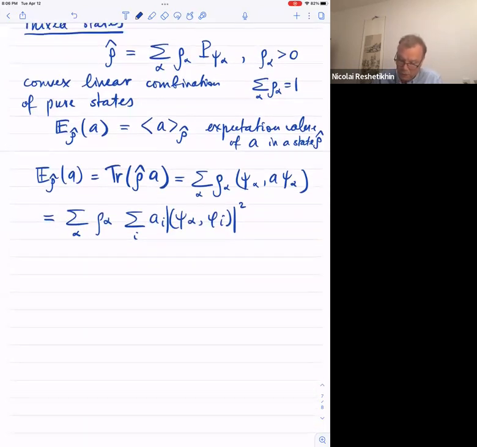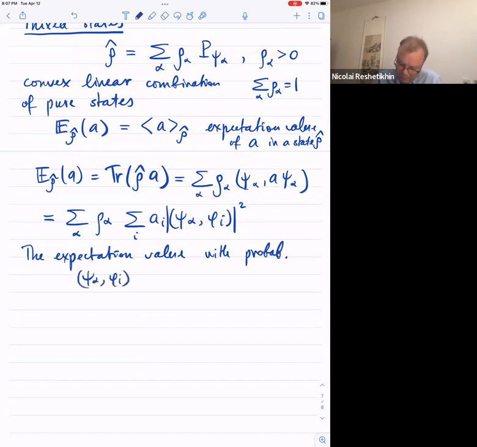And so you see, this is just the expectation value with this probability distribution, with probabilities psi alpha phi I, and then they are also distributed, so we are averaging with respect to this probability and with respect to this probability.